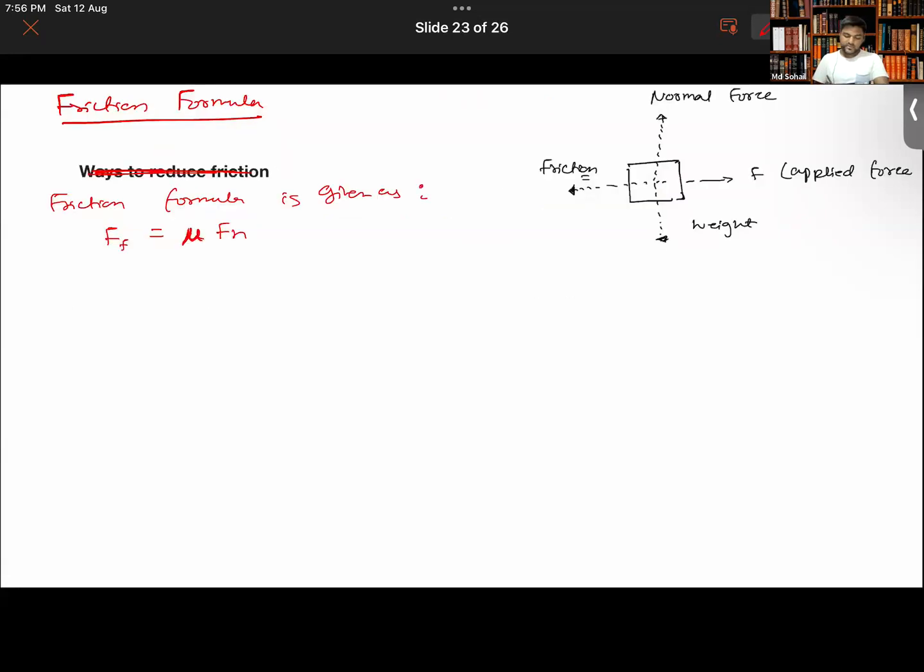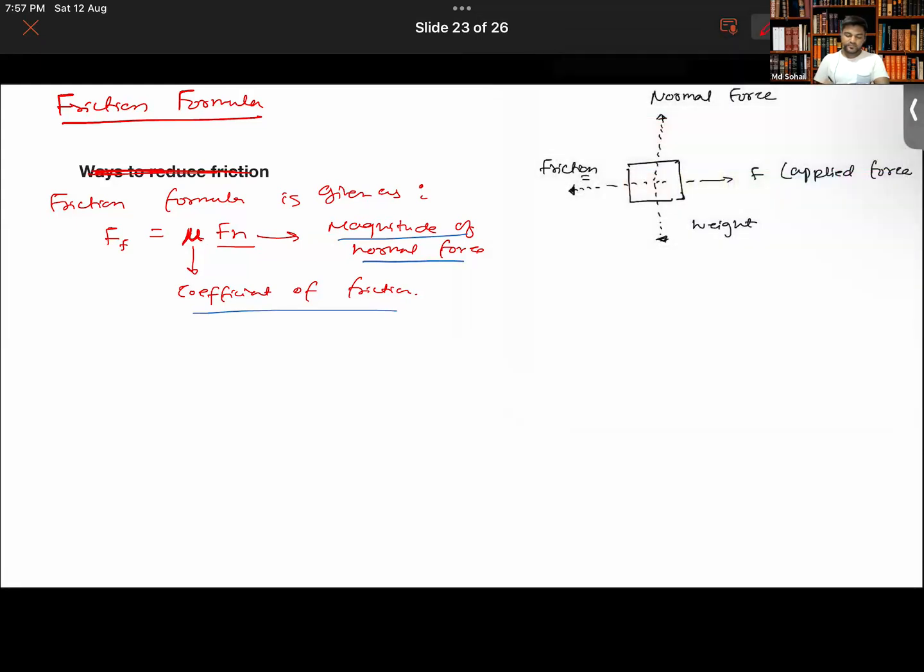This is called the coefficient of friction. Getting it? And the magnitude of the normal force, as Arhan was saying here. Magnitude of normal force, coefficient of friction, and this is basically the magnitude of the friction.